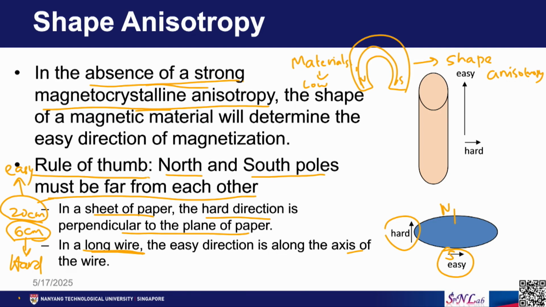In a single crystal and polycrystalline sample, how will the direction of field depend? In a single crystal, let us say you buy a single crystal sample and it comes with a marking. They will have, this is one particular direction, and let us say this is the easy direction.